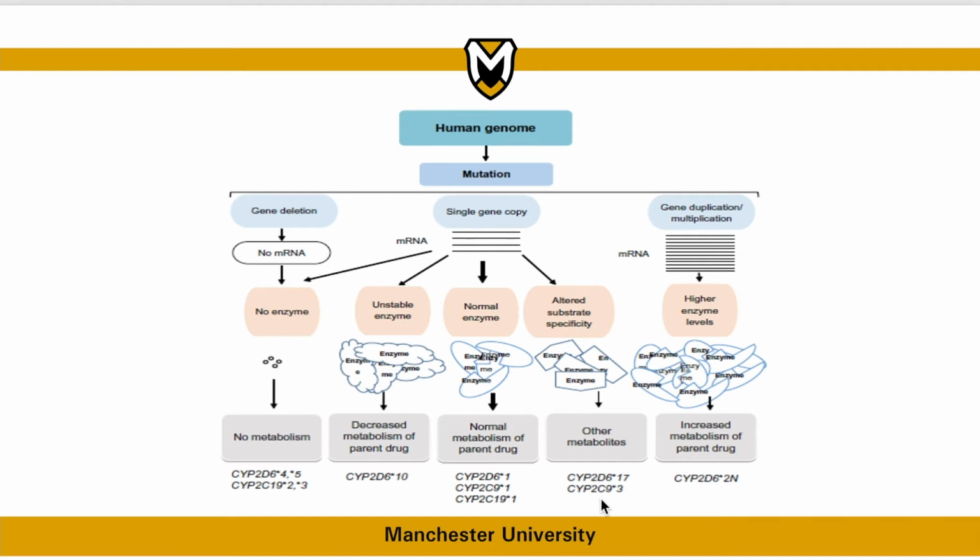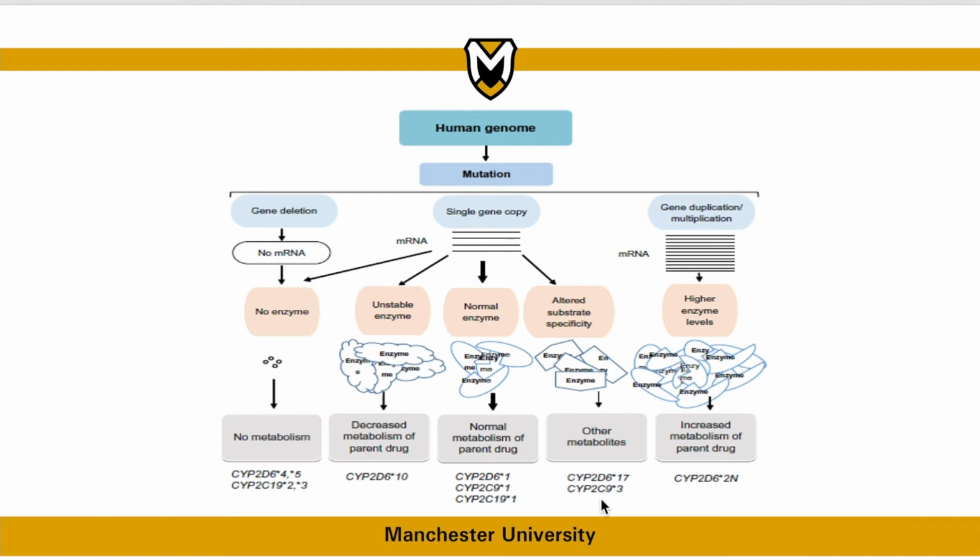You can have gene duplications or multiplications, which leads to higher enzyme levels and increased metabolism of the parent drug. Overall, we're looking at phenotypic status here. So if you have no metabolism of the drug, this would lead to a poor metabolizing status.